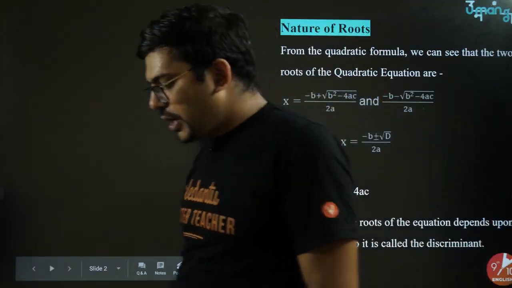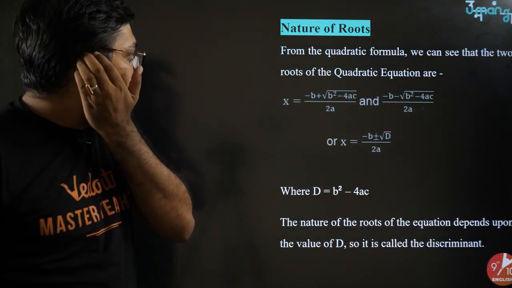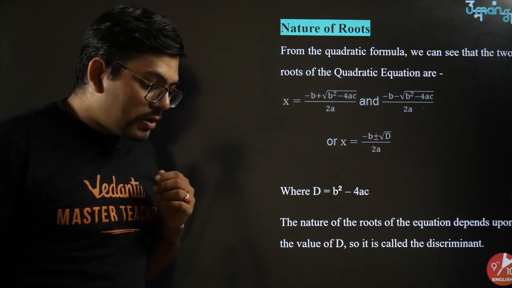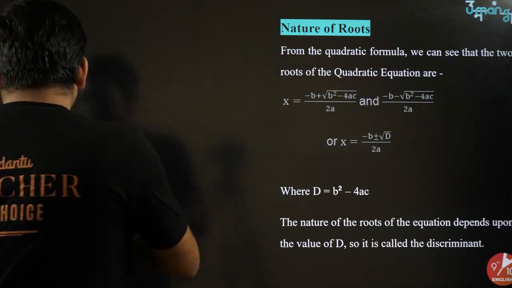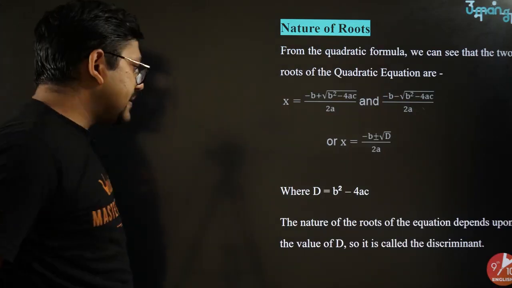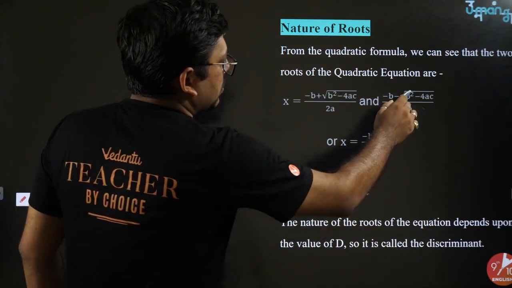Here, if I talk precisely about D, please pay attention to why this D is so important, why the value of D matters a lot. I hope you are able to see that this D, this discriminant, is inside the root.